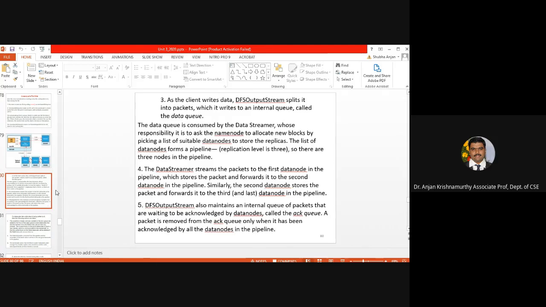And the data nodes form a pipeline, which you have seen earlier, where the first data node goes into a serial kind of write fashion. It is not a parallel write.